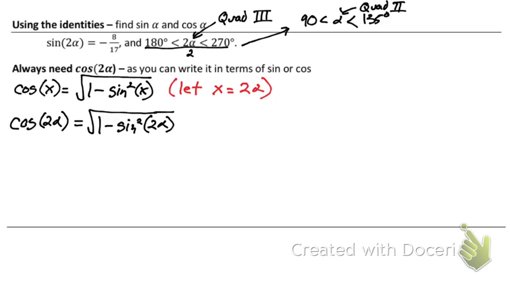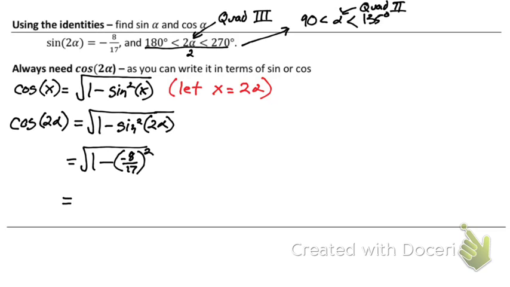I know what sine 2 alpha is. So that means this whole thing equals the square root of 1 minus negative 8 over 17 squared. All right, now working this out, 17 squared is 289.